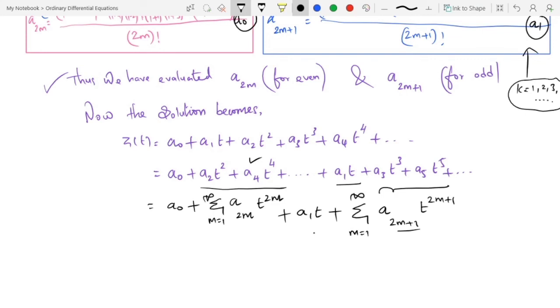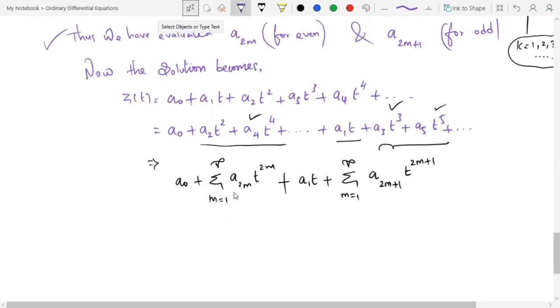Starting from m equal to 1, 2 into 1 plus 1 is 3, A3 t power 3. If m is equal to 2, 2 into 2 plus 1 is 5, A5 t power 5. For m equal to 3, A7 t power 7 and so on. So you get consecutive A suffix odd numbers starting from 3 up to infinity by expanding this summation.